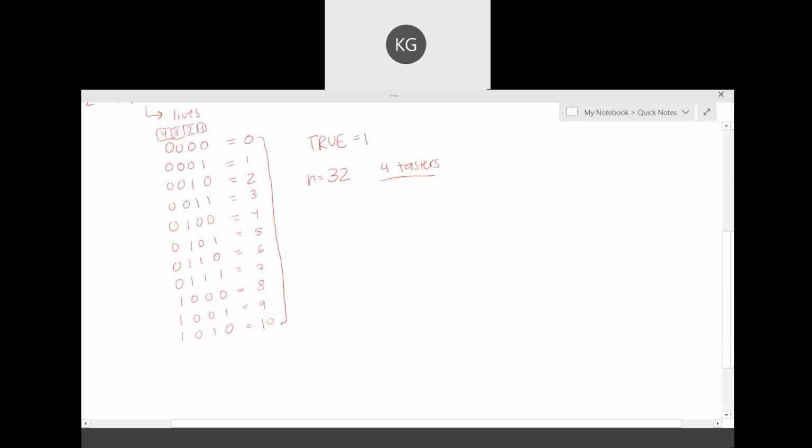The first guy drinks every other one, but other people drink some of the other ones. So if only the first guy dies, then it has to be this row right here, because he's the only one who drank that bottle and everyone else didn't. So true, 1, means he drank it, and 0 means they didn't drink it.